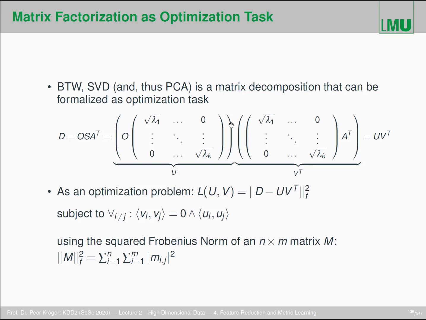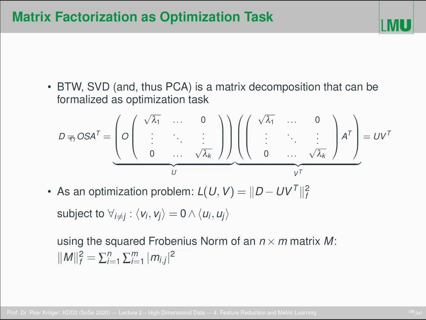Yeah, and here is how you can do that. As I said before, typically SVD and PCA are pre-implemented in most of the libraries, Python, whatever. But just so that you know, most of those methods typically do it by formalizing the whole thing as an optimization task.